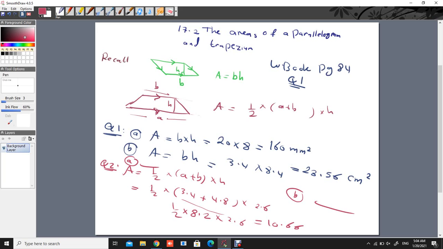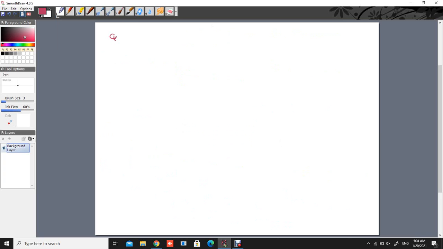So for A, 5.9 times 4.2, which is 24.78 centimeter squared.